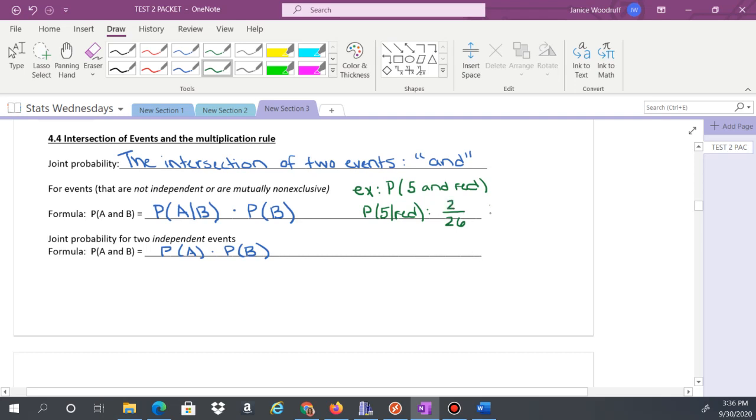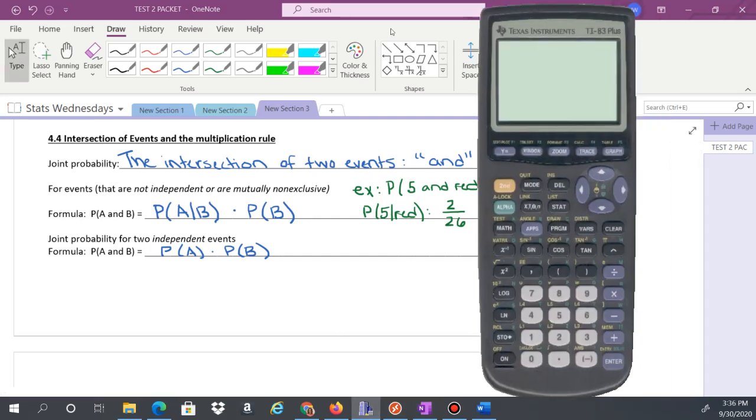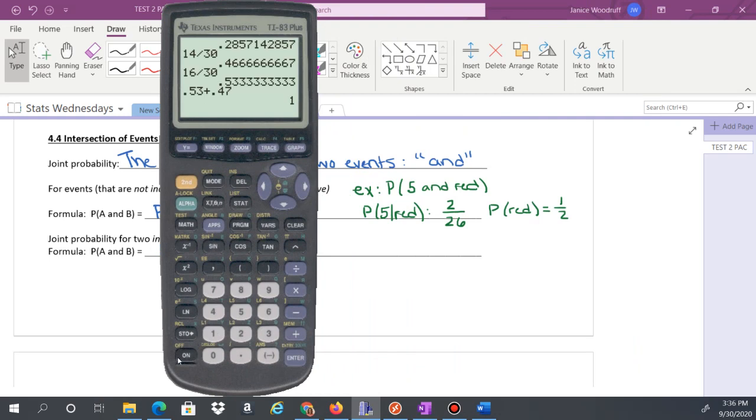Okay, find the probability then of event B, red. Find the probability of getting a red card. That's 26 out of 52, right? Or 1/2. Multiply them together. So 2 out of 26, and I'm just going to take that and multiply it by 1/2.